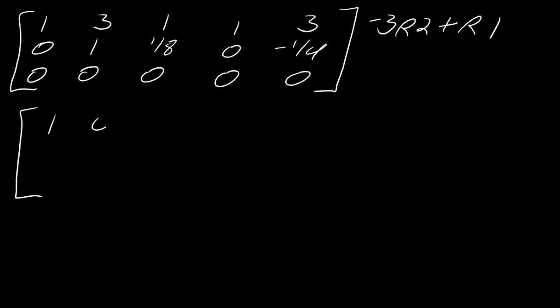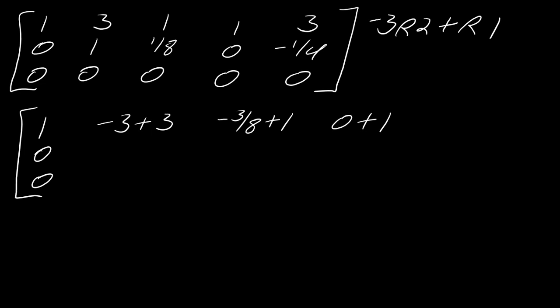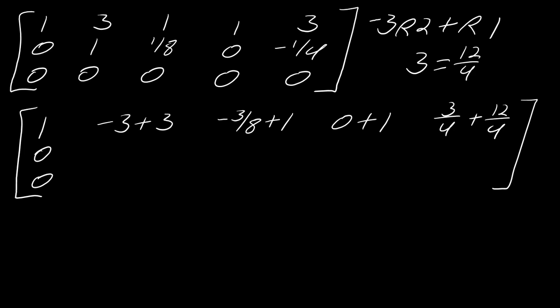Okay, so what that's going to do is, maybe I'll just write out the math. This is going to become negative 3 plus 3. This will be negative 3/8 plus 1. This will be 0 plus 1. And then this last one will be 3 over 4. So I'm going to rewrite 3 as 12 over 4 so I can easily add this. This will be 3 over 4 plus 12 over 4.